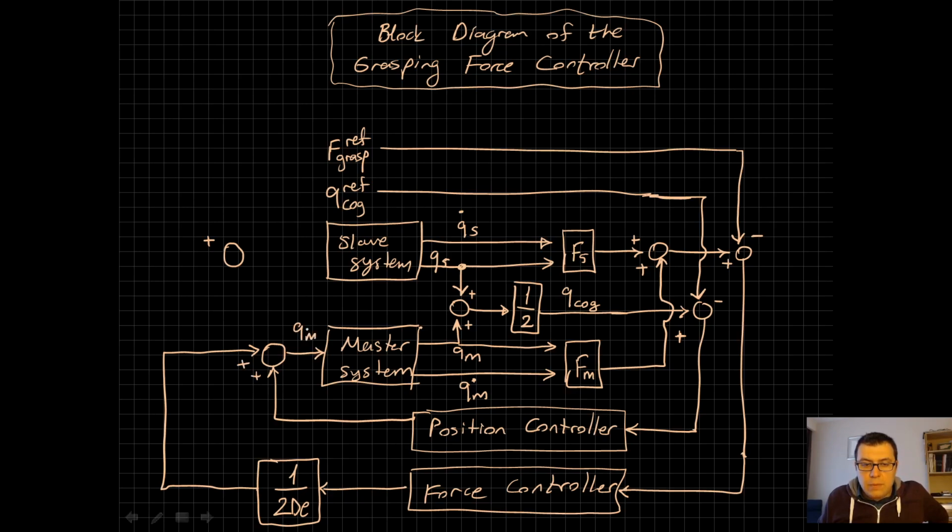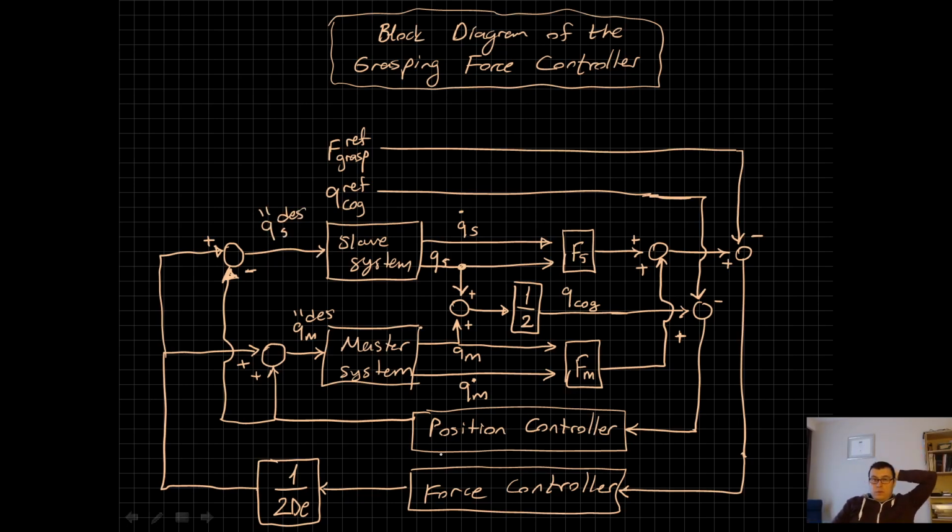This is qm double dot desired, and likewise we have one signal here and another signal here, which the second signal is subtracted from the first one, and which gives us the QS double dot desired. So that is our overall controller.